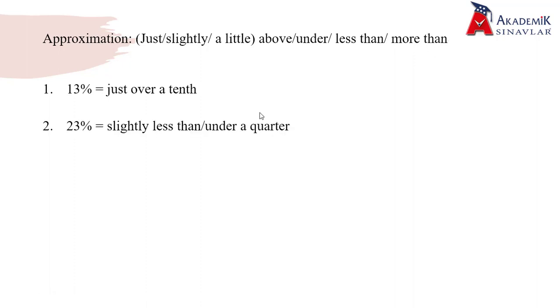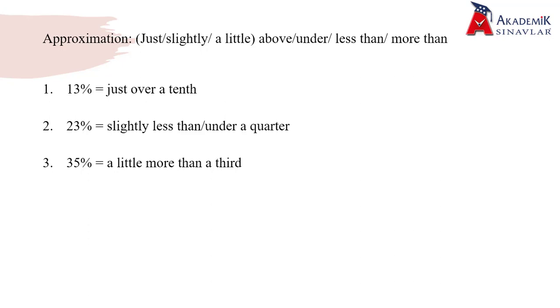So 23% is slightly less than or under a quarter. What was a quarter? It was 25%. So 23% is less than 25%. Means less than a quarter. 35%, if you want to divide 100 by 3, the number that comes out is 33.3333.